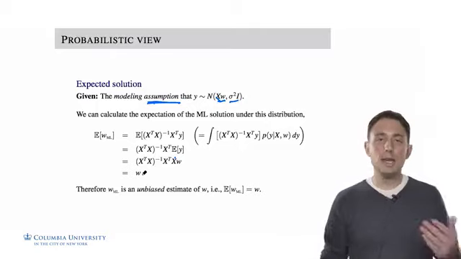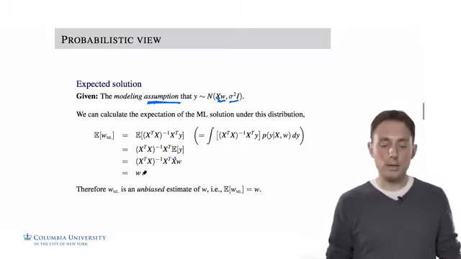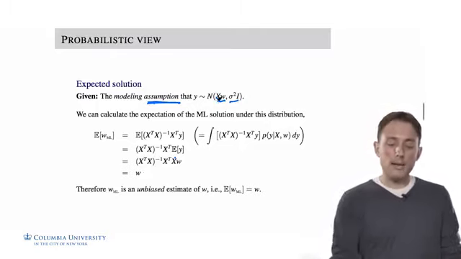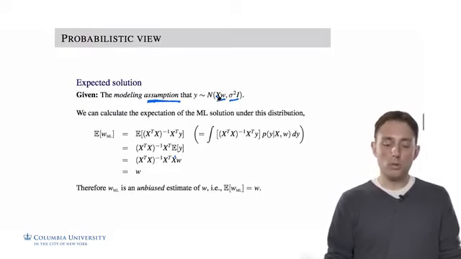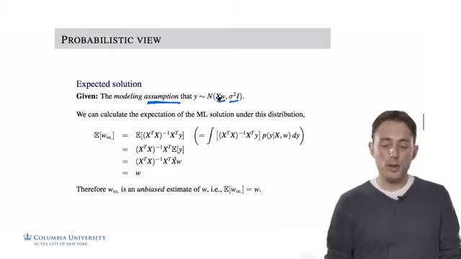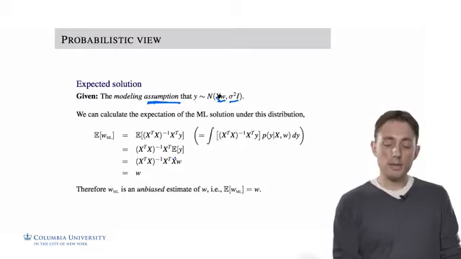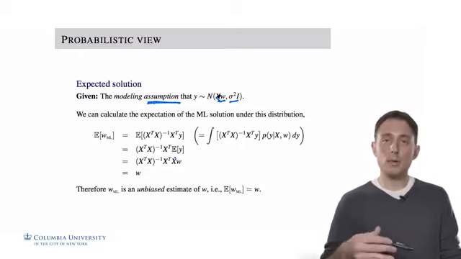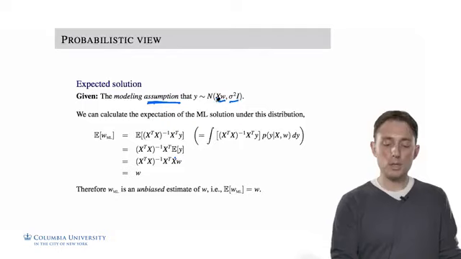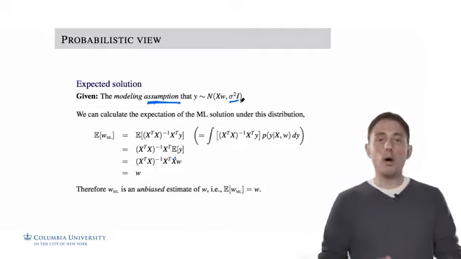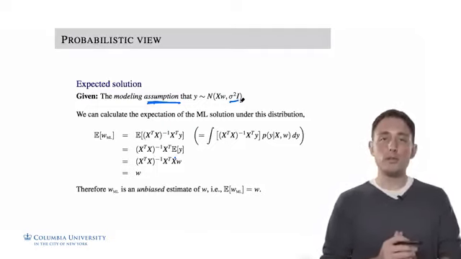So what this is saying intuitively is that if we have some ground truth value for w, and we have some inputs x that we construct in a matrix in this way, and then we generate an output y according to this distribution, and then using that output y, we solve the maximum likelihood solution for w.